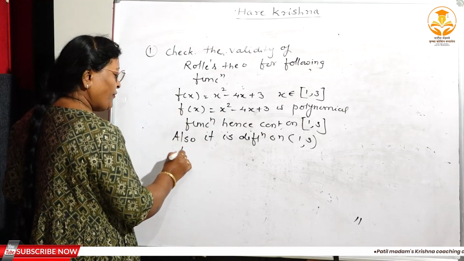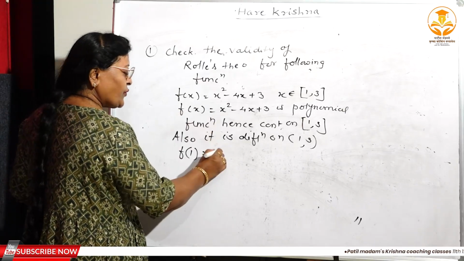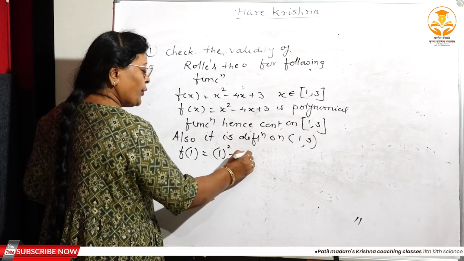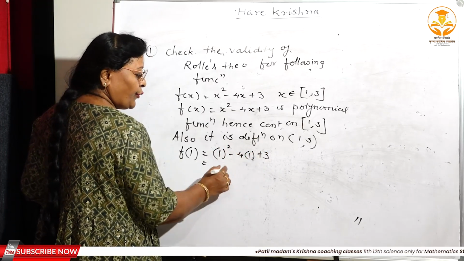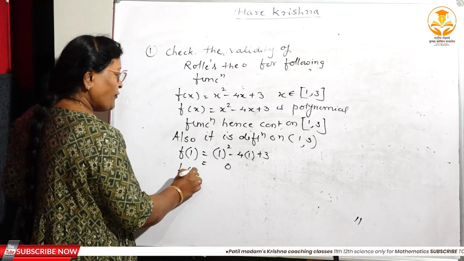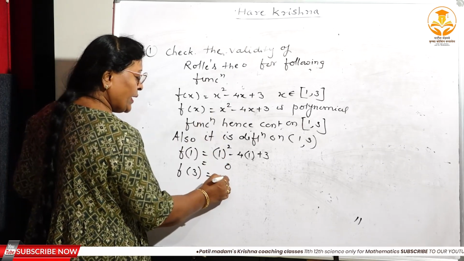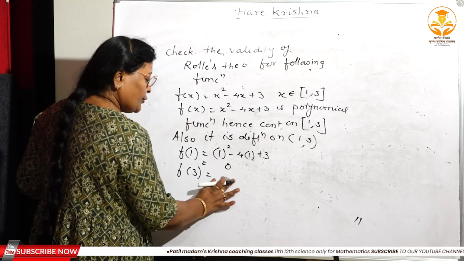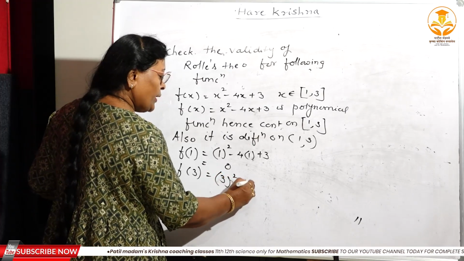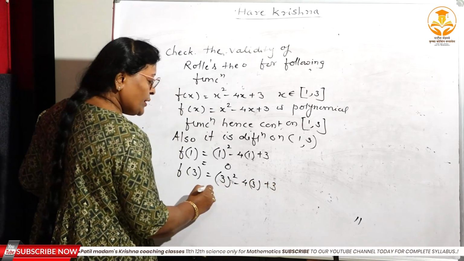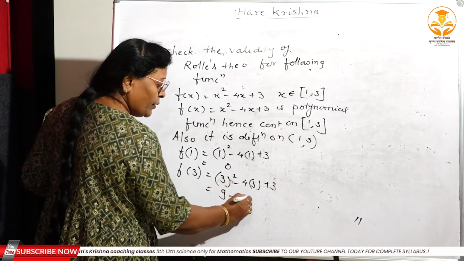Now let us find f of 1. f of 1 means 1 square minus 4 into 1 plus 3, isn't it? 1 plus 3 is 4, 4 minus 4 is 0. Again f of 3, 3 square is 9, minus 4 into 3, which is 12, plus 3.